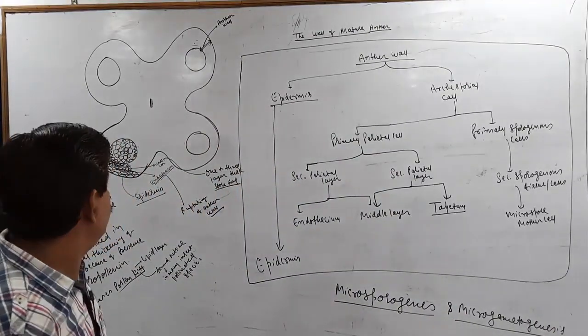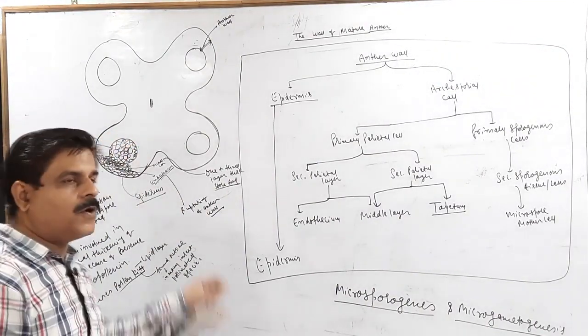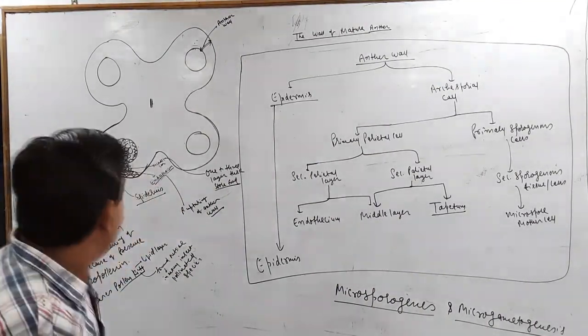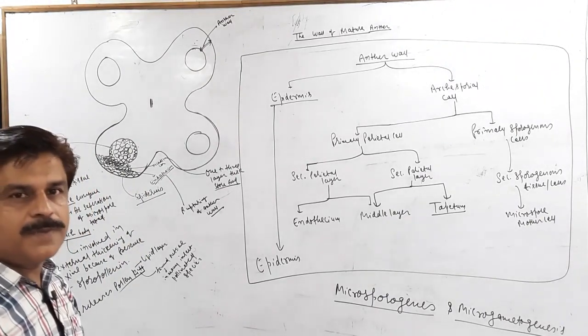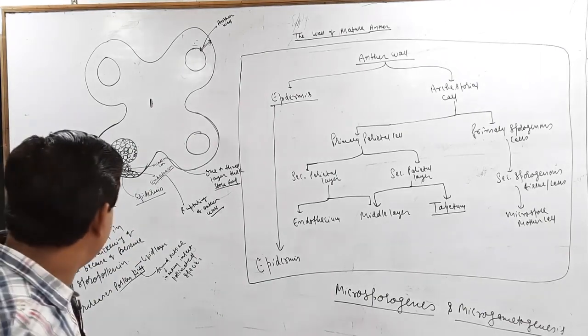If you want to know how this structure forms, we have to draw the internal structure of the immature anther, that is, the growing anther. I am drawing here.